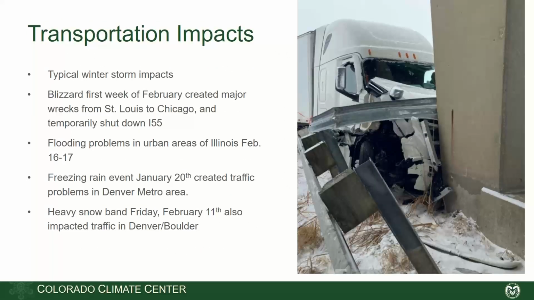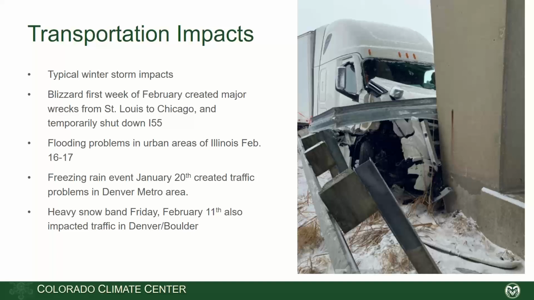In terms of transit impacts, probably don't need to spend too much time here. Pretty normal winter transit impacts. This picture on the right was sent to me by Trent Ford, who will be your speaker next month. But the blizzard from St. Louis to Chicago, that area, in the first part of the month, I believe it was the first week of February, had quite a number of accidents associated with it, including quite a few trucks, 18-wheelers, off the road.